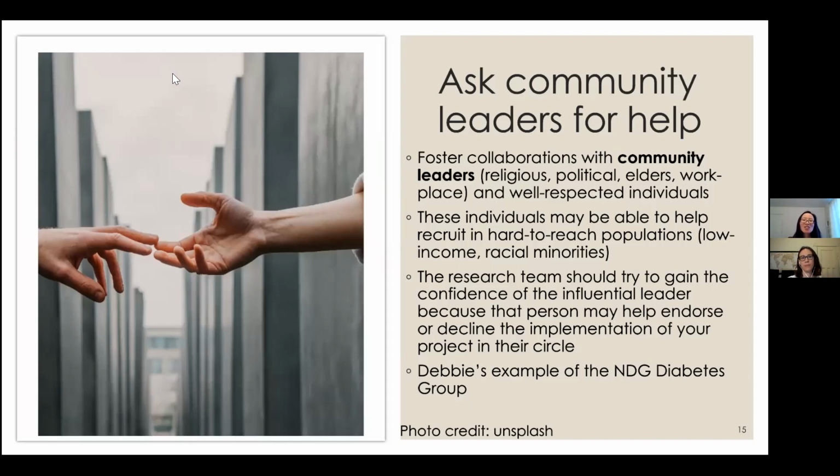And I actually learned that the hard way when I went to a diabetes support group. I had gone through the CLSC, and the person there said, "Oh, no problem. Come talk to our diabetes support group." And I thought I had spoken to, let's say, the president of the diabetes support group, but I was wrong.